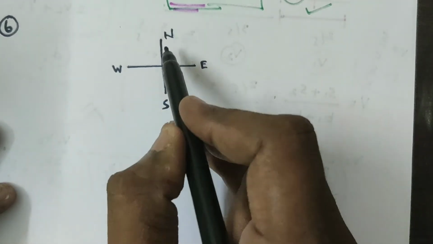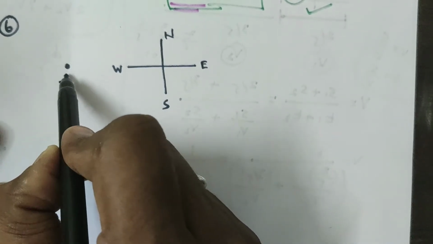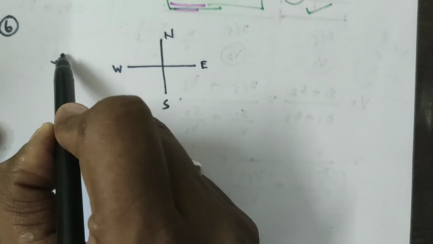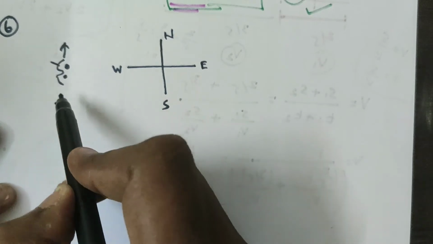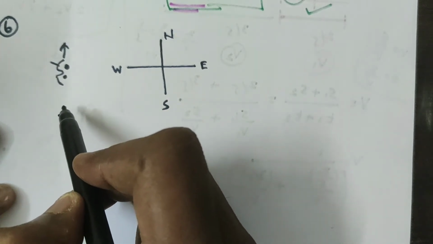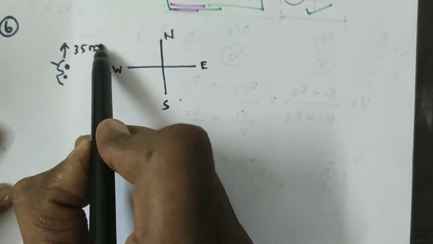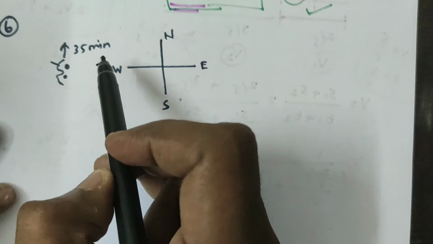So in the north direction, the motorist is moving in this direction. It is the north direction. How long? 35 minutes he is moving. He covers 85 km per hour.